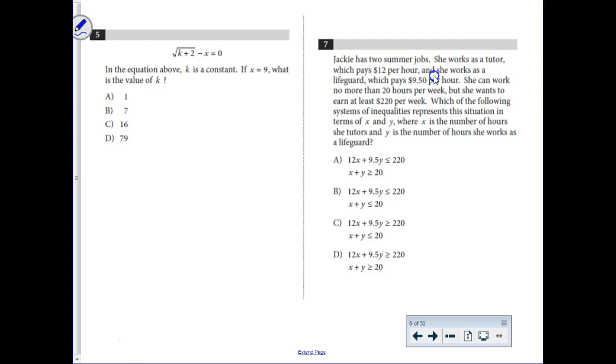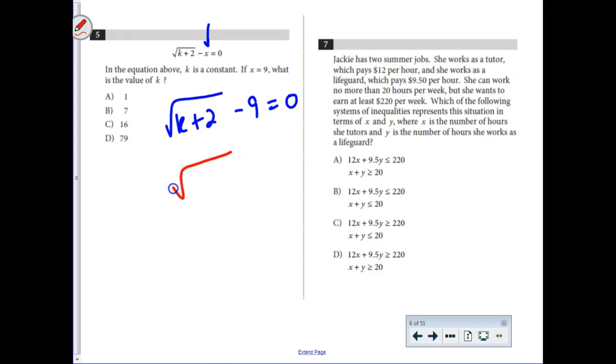What is k if x equals 9? Well, okay. Why didn't they just do that themselves? Plug in 9. Now remember, you do not get a calculator here. In order to square both sides of the equation, you don't want to square things with the radical. You want to isolate the radical.